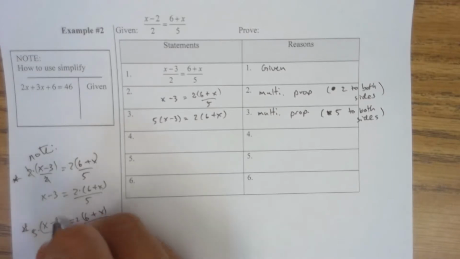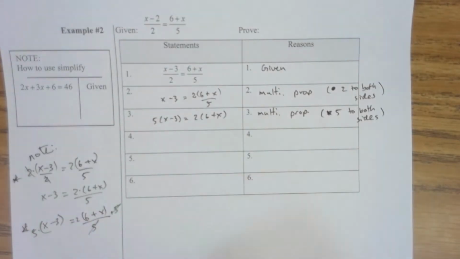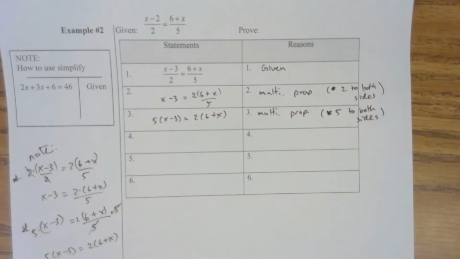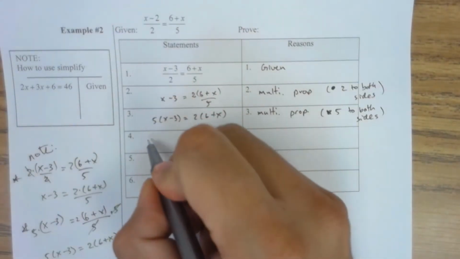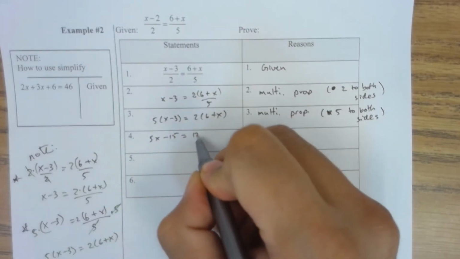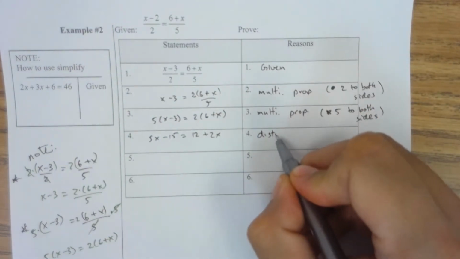Use a different color pencil if you want. Just cancel out, and that's what you get. Okay. So now to go from 3 to 4, you're going to have to get rid of that parenthesis. So we're going to do distributive property. So you're going to get 5x minus 15 equal 12 plus 2x. So here we did distributive property.